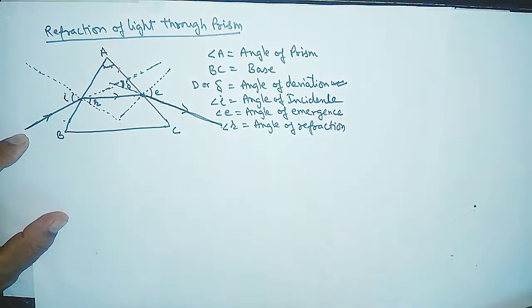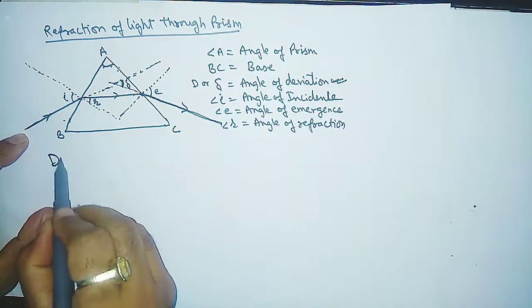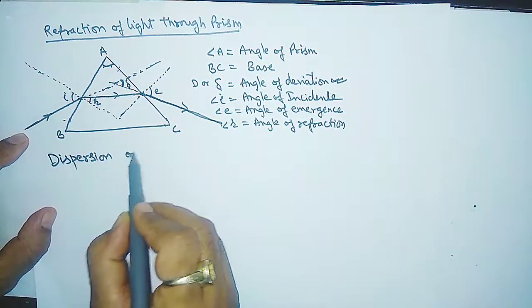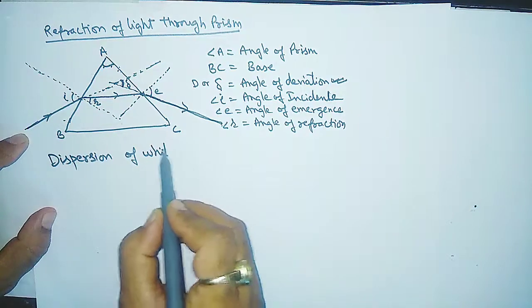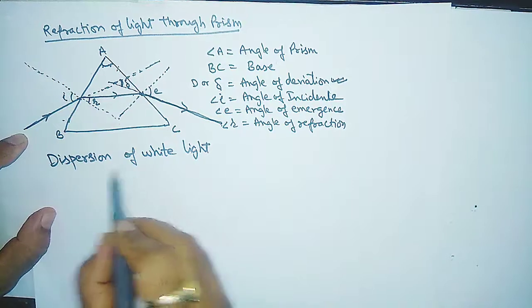Now we'll discuss another term used for the prism. It is the dispersion of white light. First of all, you should know the meaning of white light.